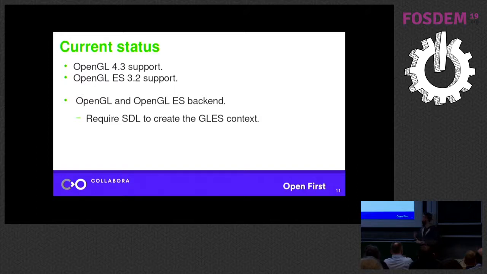But if you want to use OpenGL ES, we are forced to use SDL for creating the GLES context. So it's not really a big problem. I think we managed to run a lot of games on the guest and other applications, so it's not an issue.